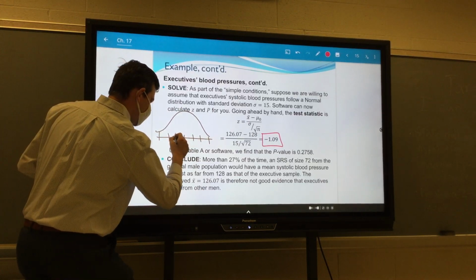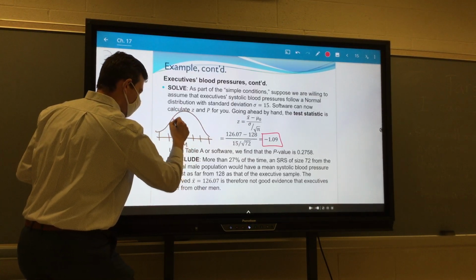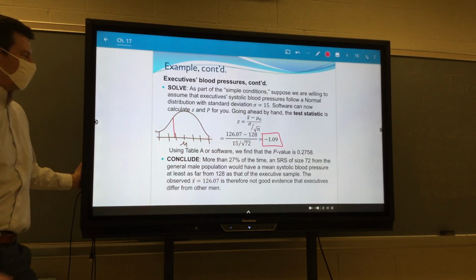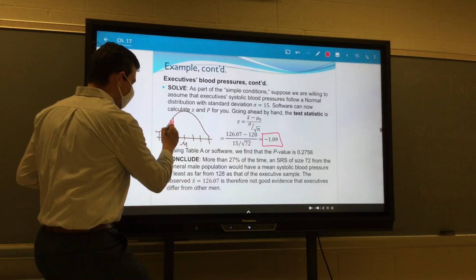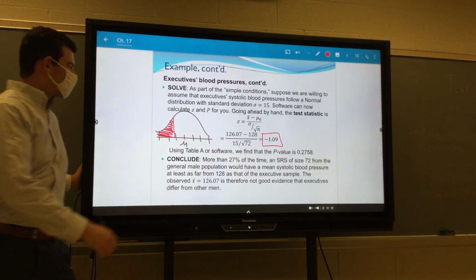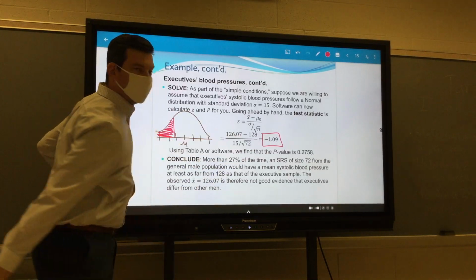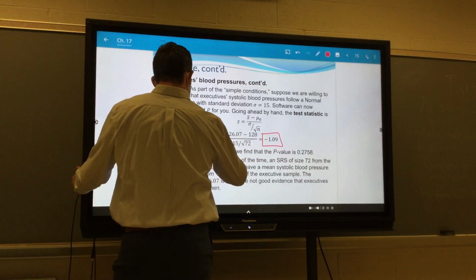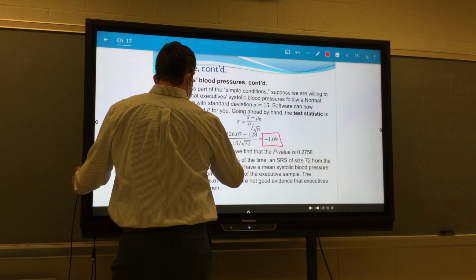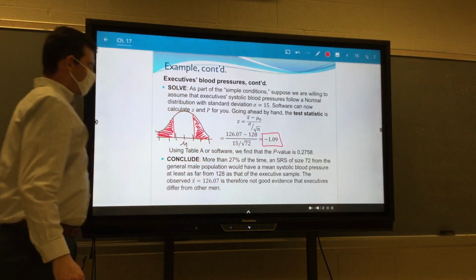So we were right here. This is asking what's the probability that we will be there or lower, but it's a two-sided alternative, so we're actually 1.09 standard deviations above the mean as well. But we can just double whatever that decimal is that we get.